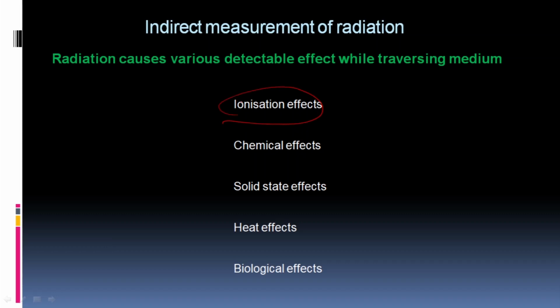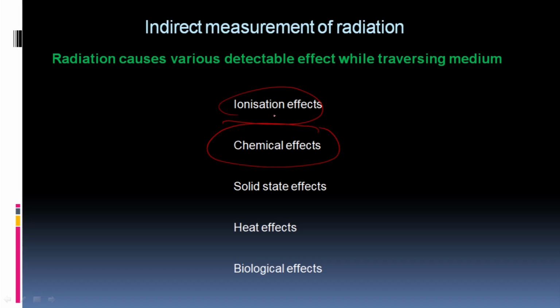Now, the second one is the chemical effect. Some chemical solutions, or some combination of mixtures, may show some chemical effects after exposure to radiation. If this chemical effect is detectable or measurable, we can indirectly measure the radiation by using this chemical effect.